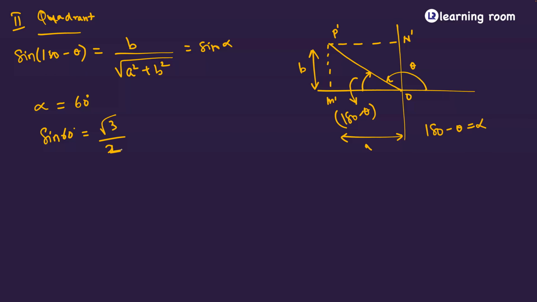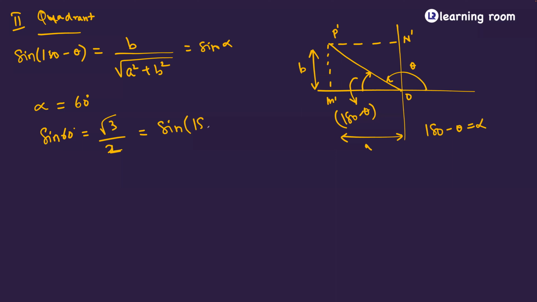But what is alpha according to our consideration? 180 minus theta. So this should be sine of, tell me. Alpha is 60.